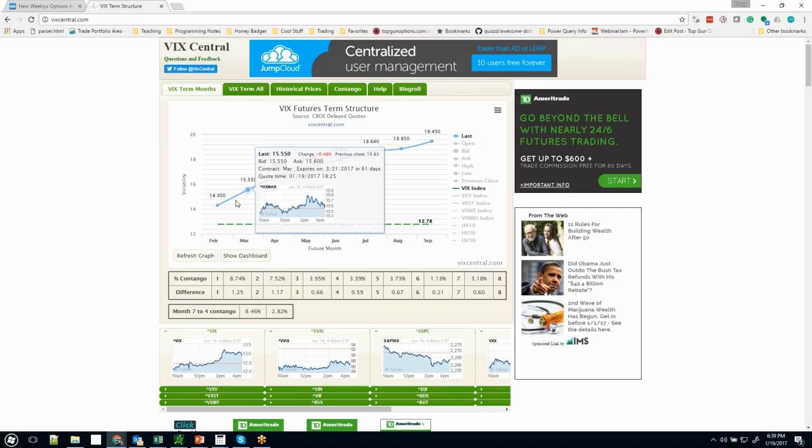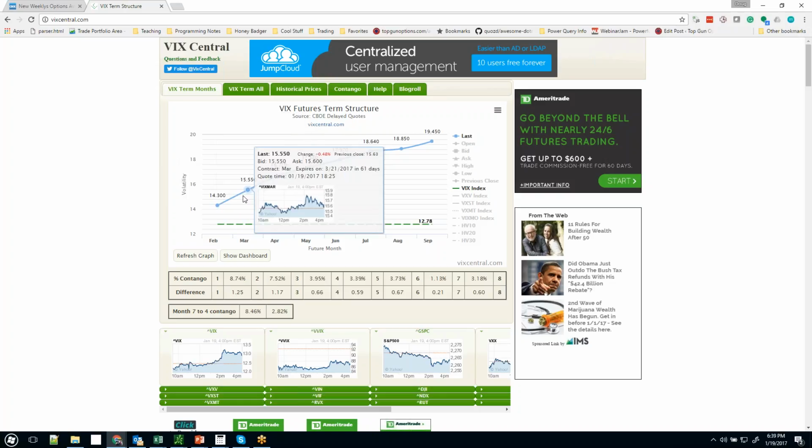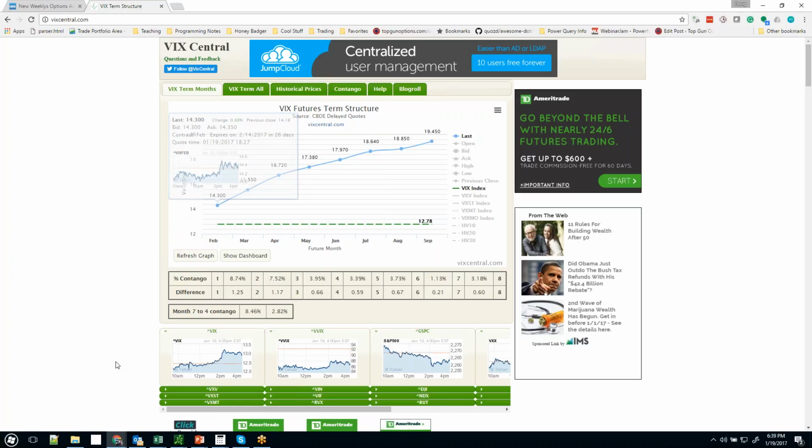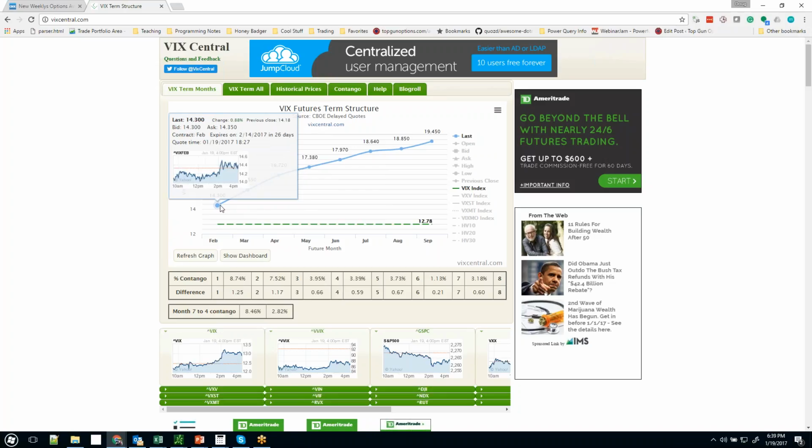So that means every single day that moves forward, they have to basically buy more long-term VIX futures contracts and sell some of their short-term ones. So they rebalance this to 30 days every day. Now, that right there, if I'm buying expensive and selling cheap, that basically means that I'm losing money.